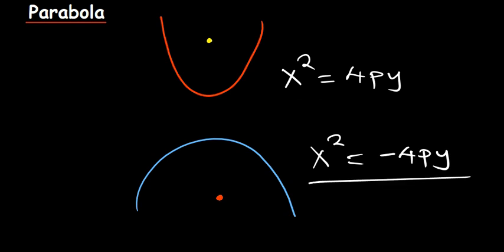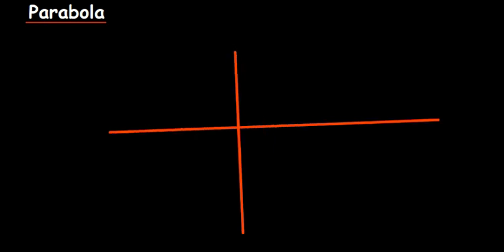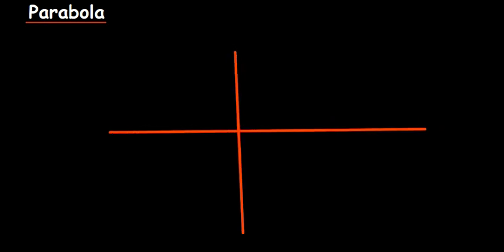Now if it actually gets to face the unusual directions like this, while the vertex is on the origin, as you might guess, the equation will be what? So instead of x squared, it's going to be y squared now equal to 4px.